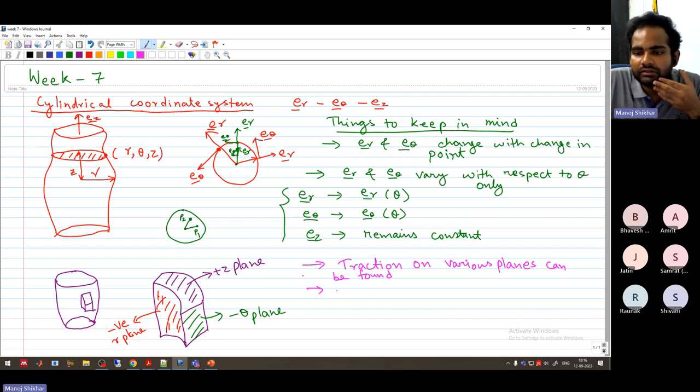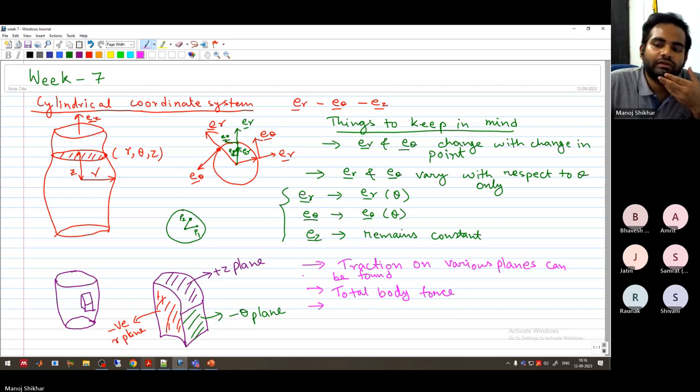Then you can find the total body force, and we can do the Taylor's expansion.